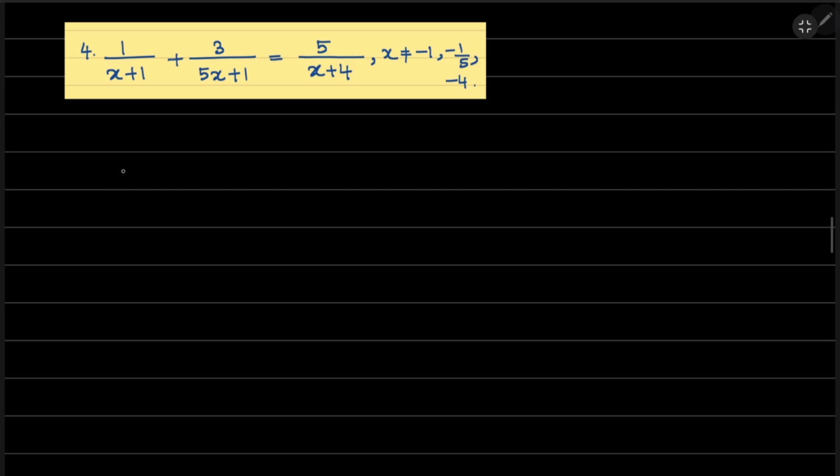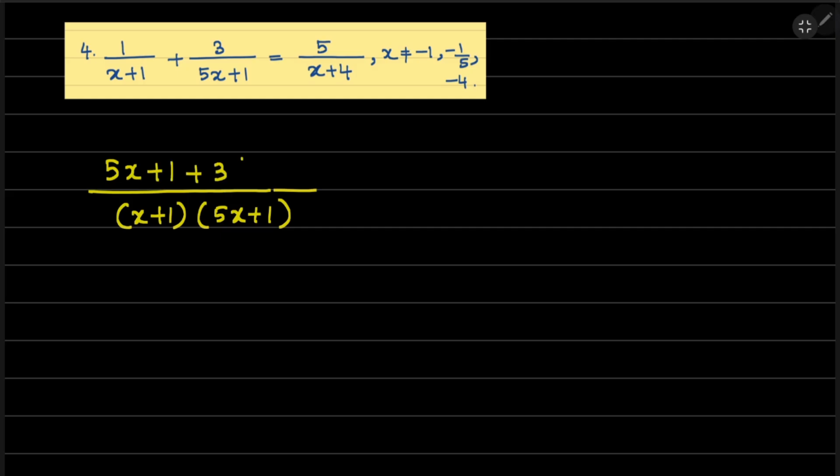Right? Let's take the LCM. So here the LCM will be x plus 1 multiplied by 5x plus 1. So in the numerator, the first term would be 5x plus 1 plus 3 multiplied by x plus 1 is equal to 5 divided by x plus 4.